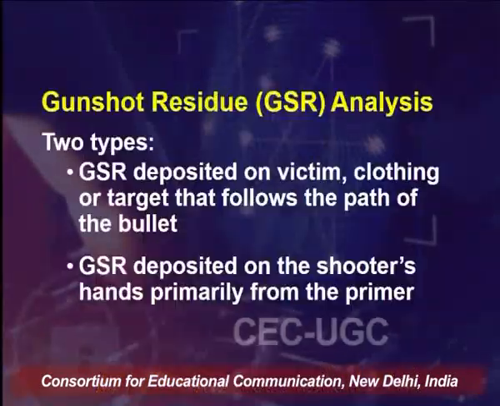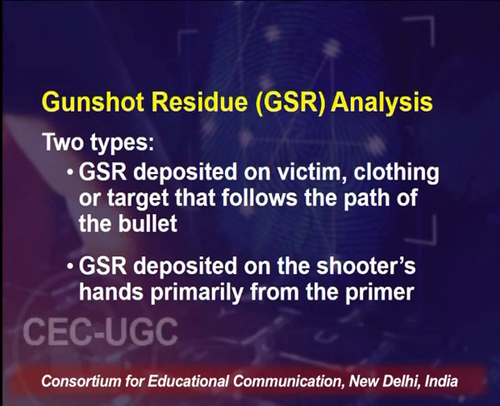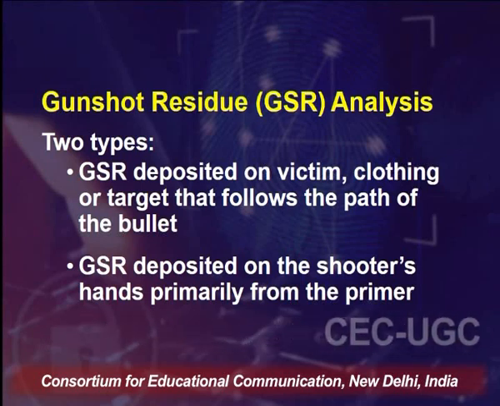Now GSR analysis can be done. Basically GSR can be found at two places. It might be deposited on the victim's clothing or target that follows the path of the bullet, or GSR is deposited on the shooter's hand, primarily from the primer.